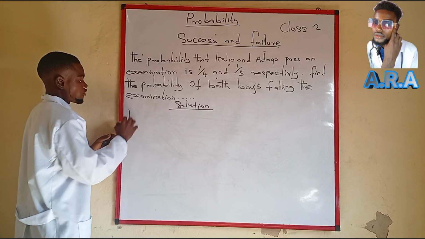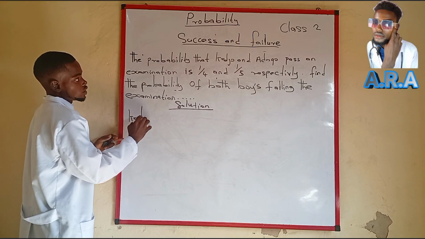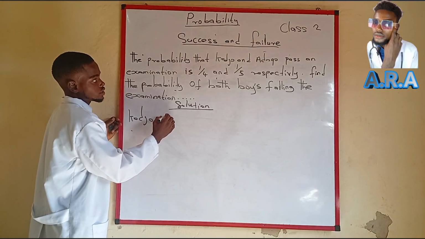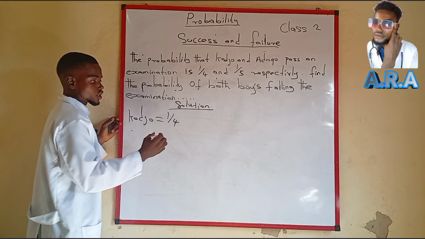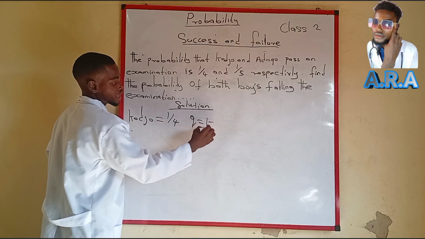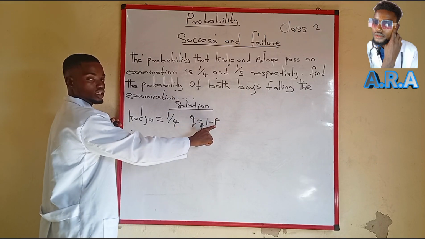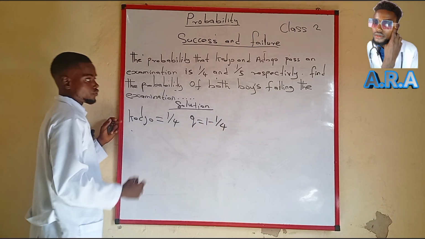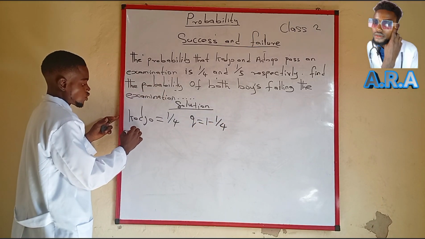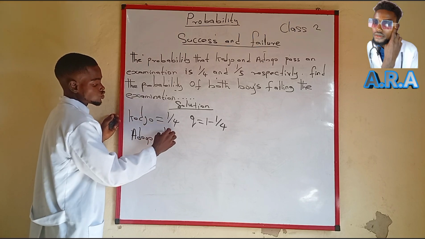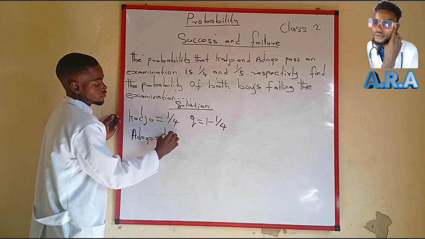All right. Now for the failure of Kojo, since the success is 1 over 4, the failure, which is Q, is going to be 1 minus the probability of the success, which I have as 1 over 4. And for Adoko, the success probability is 1 over 5.